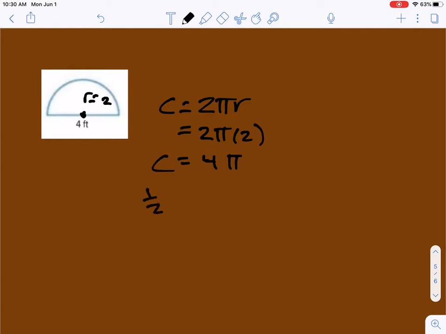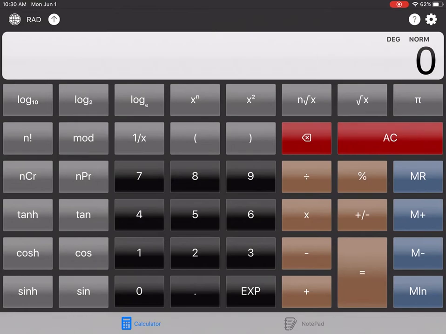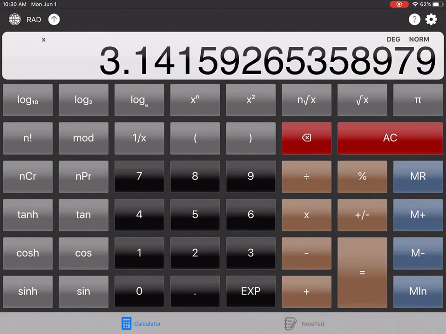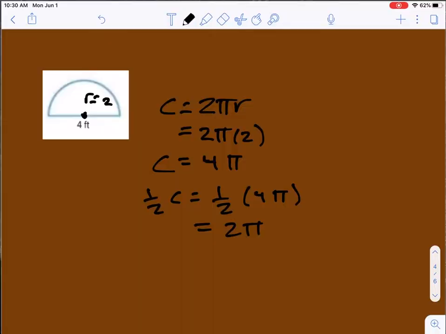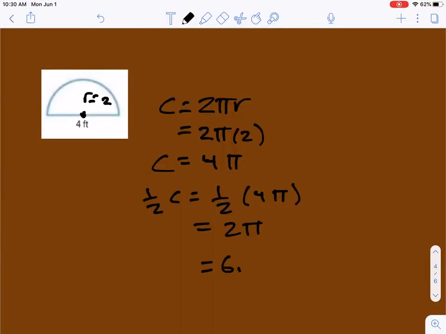So if I want to figure out what half of the circumference is, I'm going to take half of this 4 pi. And half of 4 pi is 2 pi. So I'm going to, at that point, bust out the calculator, figure this out, and you get 6.3. And that would be 6.3 feet.